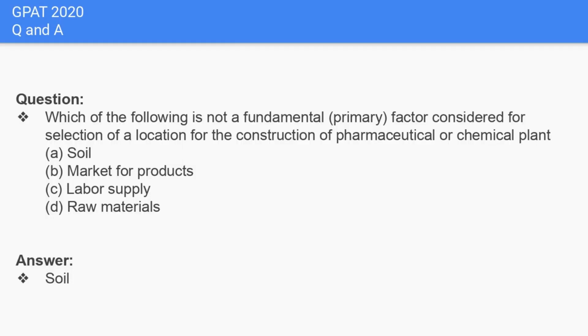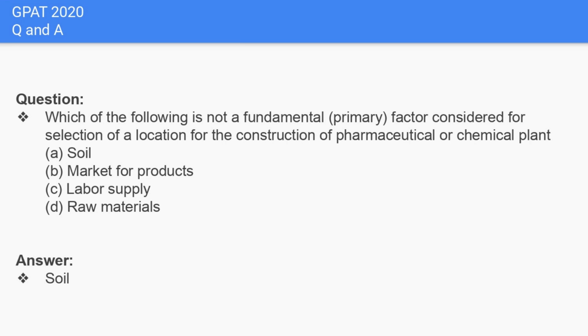First question of this part is: which of the following is not a fundamental factor considered for selection of a location for the construction of pharmaceutical or chemical plant? 4 options are given: soil, market for products, labor supply, raw materials.